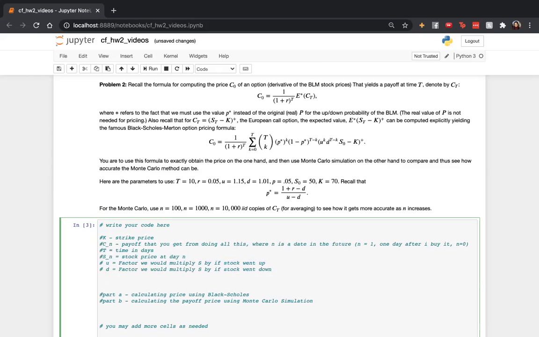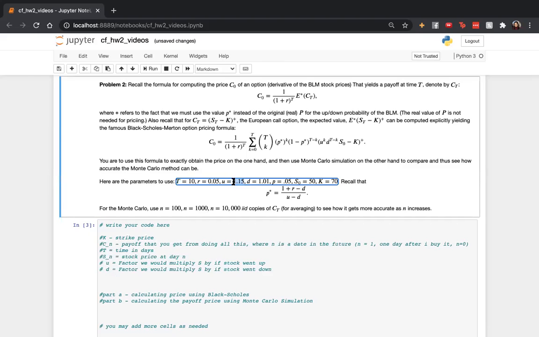What that basically means is that, for example, today my stock might go up, and so I would multiply the current value of my stock times 1.15. If my stock went down, then I would multiply my current value of the stock times 1.01 to give me the new value.